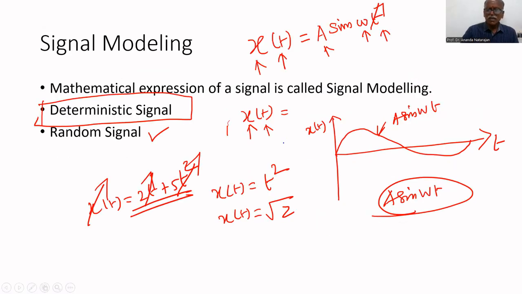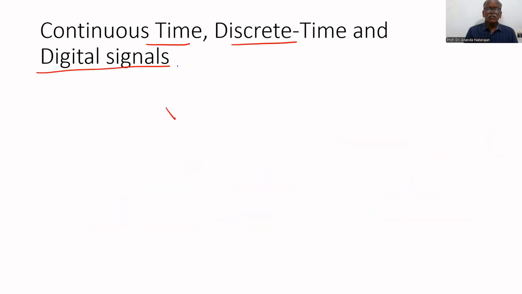On the other hand, a signal that is not continuous, for example, I am depositing money every month. In the 0th month, I deposited some amount. First month, I deposited some amount. Second month, I deposited some amount.